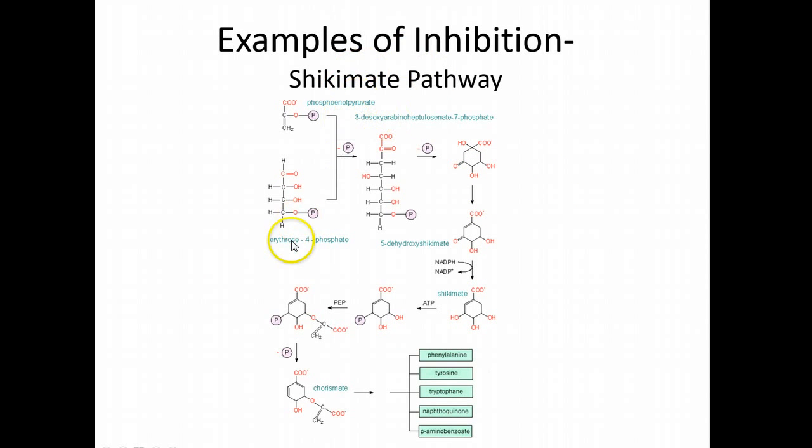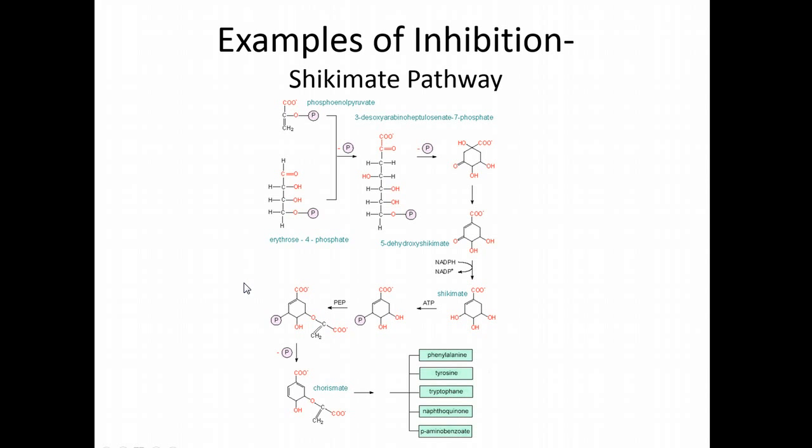Okay, let's talk about an inhibitor that is out in the real world. And this is the shikimate pathway. We actually have a molecule that inhibits this pathway. And it actually is this step.